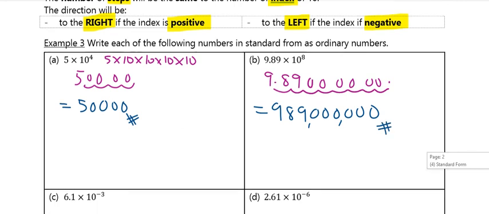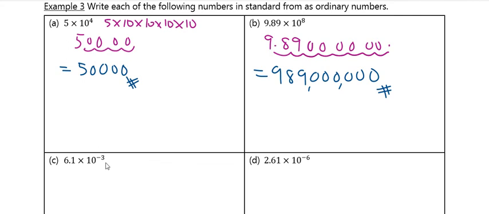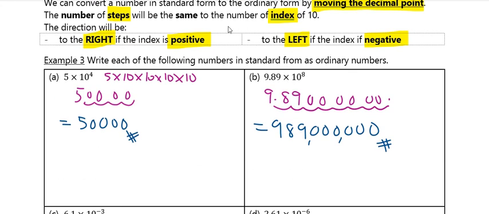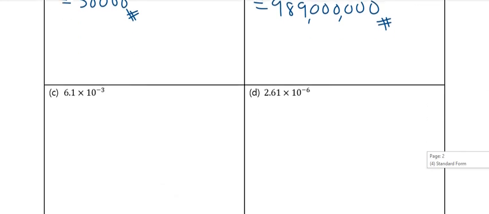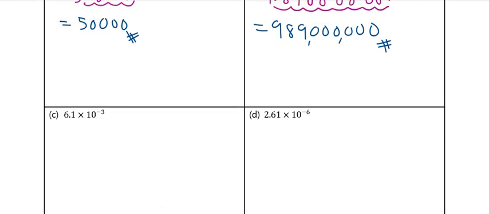Let's move on to part C and D. You notice that they are negative index of 10. So the direction of the decimal point will be to the left. Here you are actually dealing with 6.1 times 1 over 10 power 3.